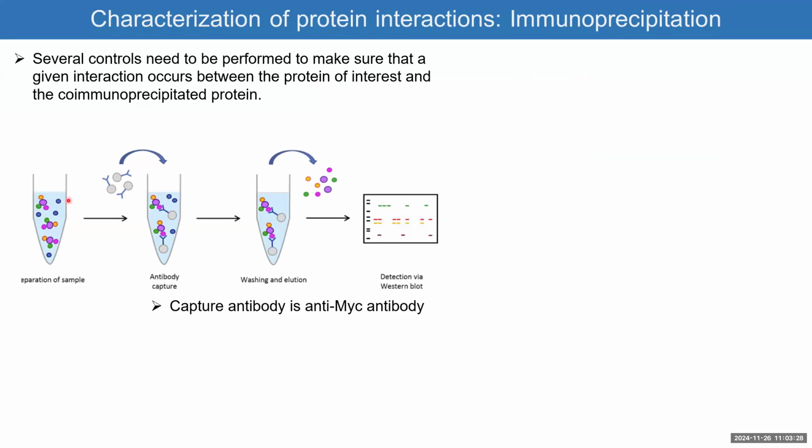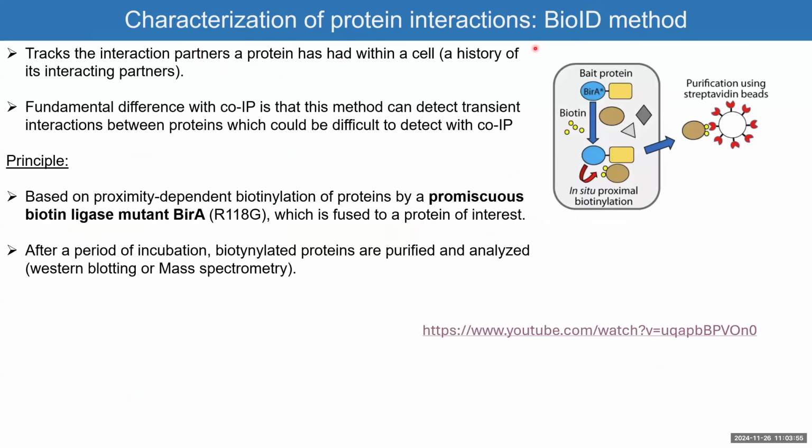In order to detect that this protein binds to those others, the binding has to be strong enough. Because if the binding between these proteins is broken by the SDS or by the binding of the antibody, or if the binding is very short, then probably you can't detect it. So the BioID method gives an advantage over immunoprecipitation in that sense.